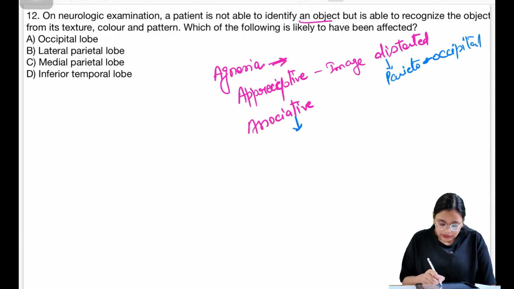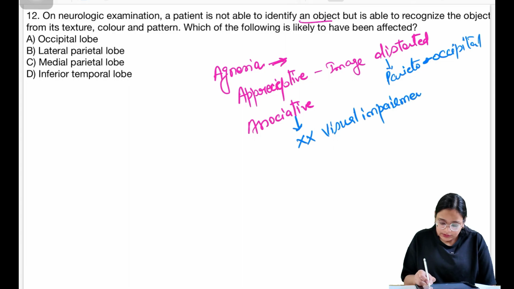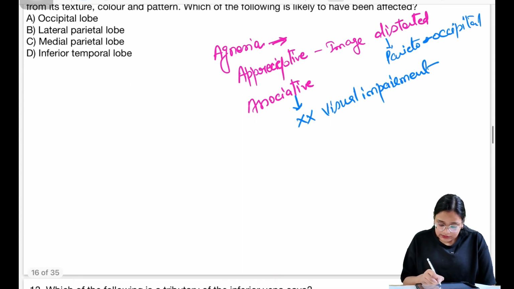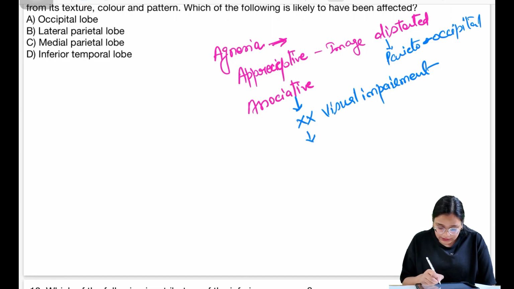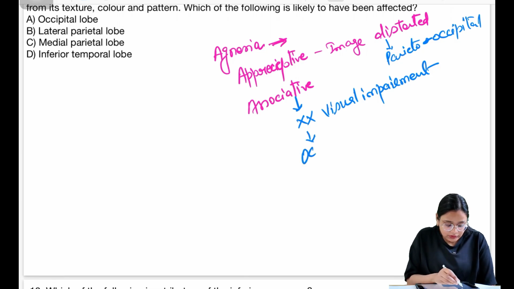Associative means unable to visually identify in the absence of visual impairment. There is no visual impairment, still we are not able to identify any object. That is called associative visual agnosia.